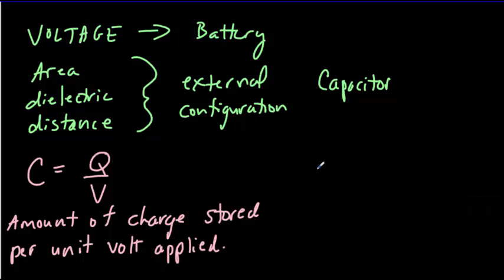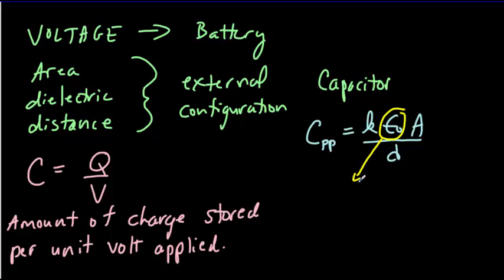A second important equation is the capacitance of a parallel plate capacitor. And it's given by K times epsilon 0 times the area of those parallel plates divided by the distance between the plates. This epsilon 0 here has a value of 8.854 times 10 to the minus 12 farads per meter.